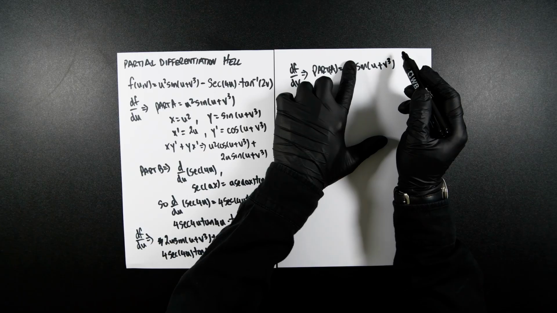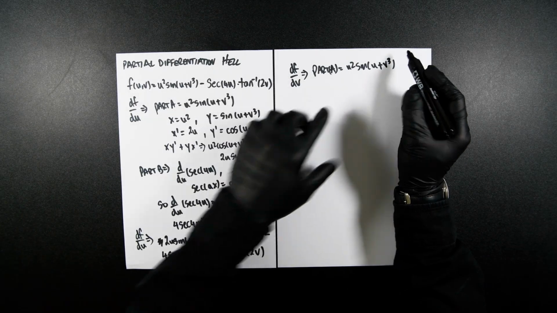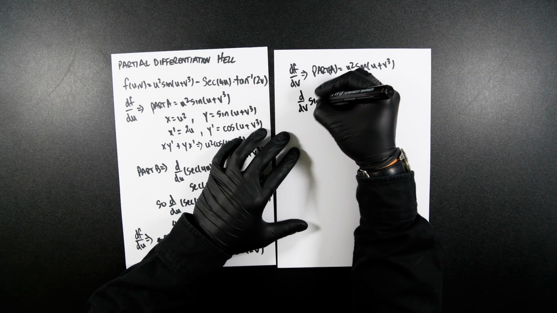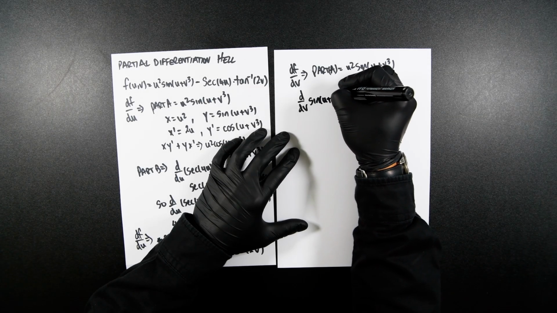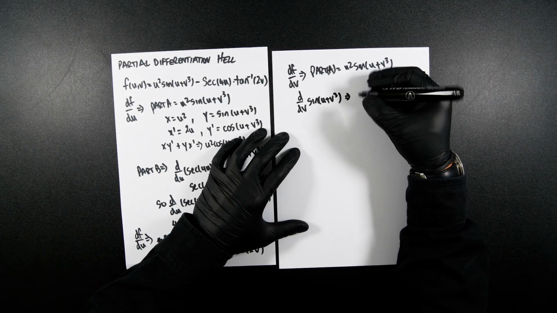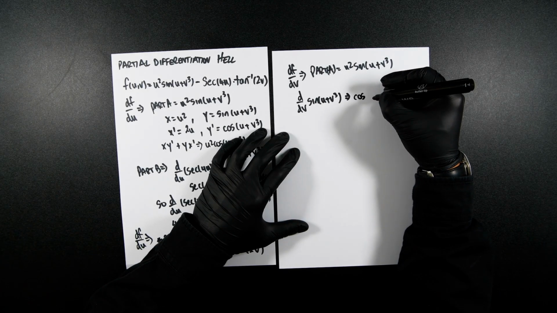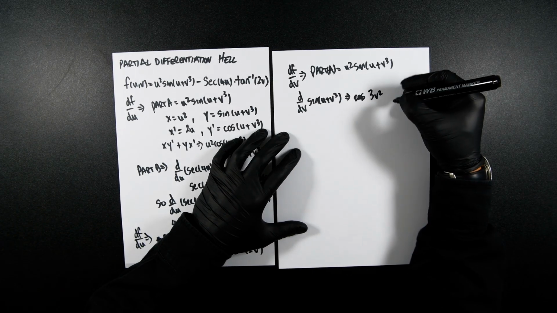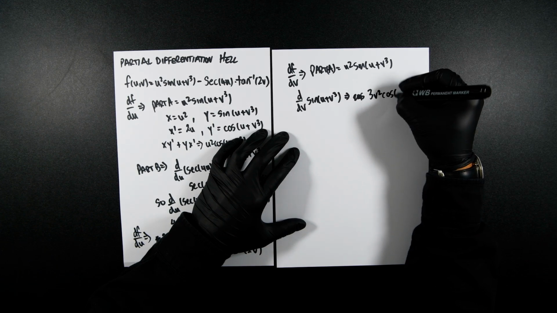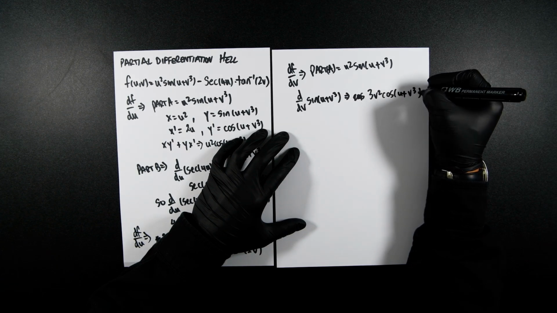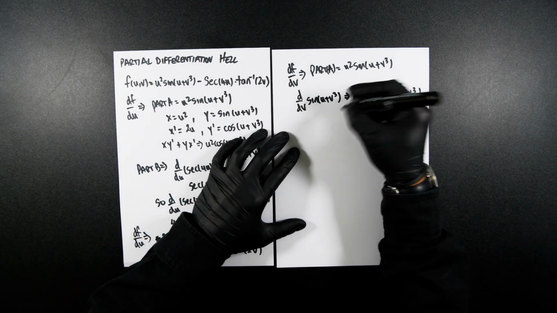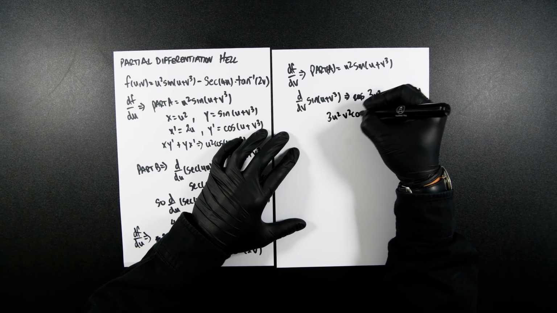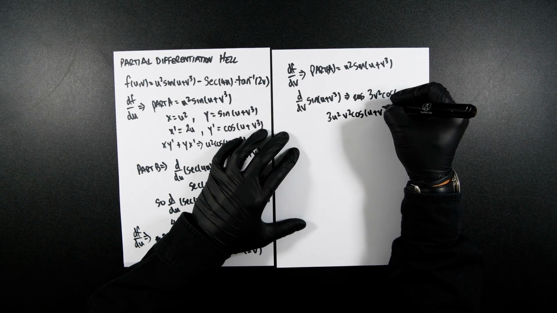So you can almost pull this out of the differential and then bring it back in at the end. So d/dv of sine(u plus v cubed) is going to be, I'll just skip through a little bit, 3v squared, obviously you differentiate this. We're using the chain rule, cos(u plus v cubed). So we're going to now bring in our u squared. You're going to get 3u squared v squared cos(u plus v cubed).